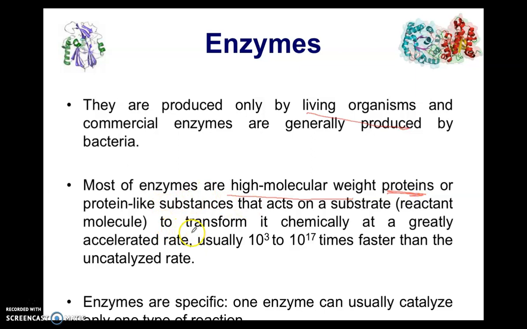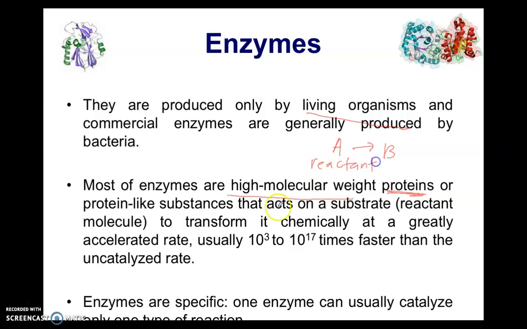And then it acts on a substrate. Substrate is the reactant molecule, like the one you learn in chemical reaction. So you have a substrate, or a starting material A, like A producing B. So this is your initial reactant.